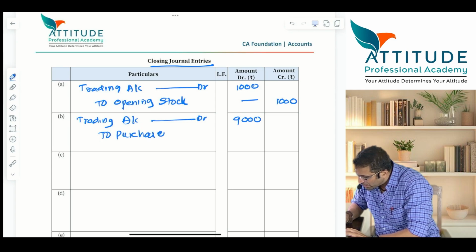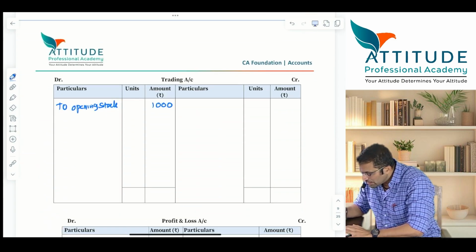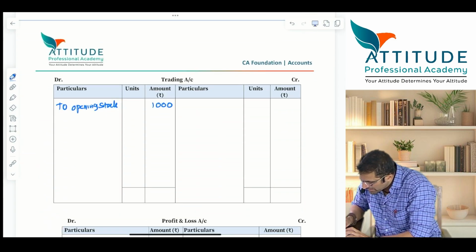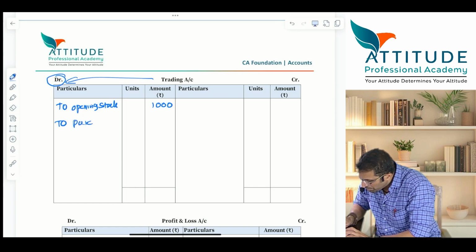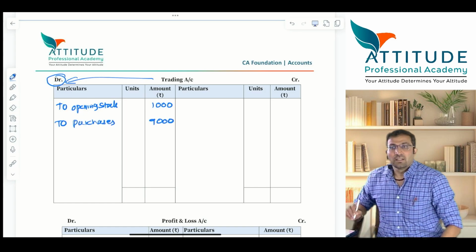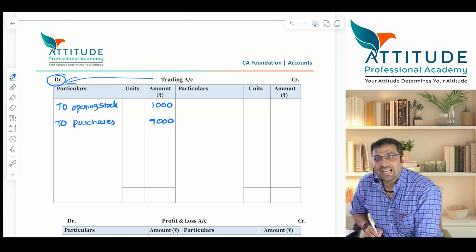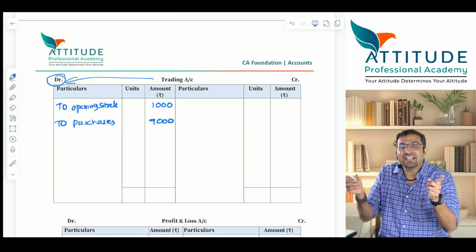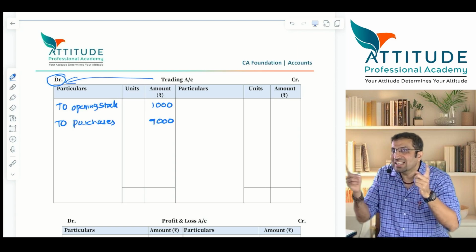Purchase account is getting closed. Are you able to understand? These are closing entries. Nominal accounts are getting closed.